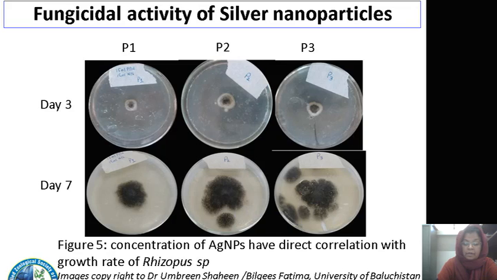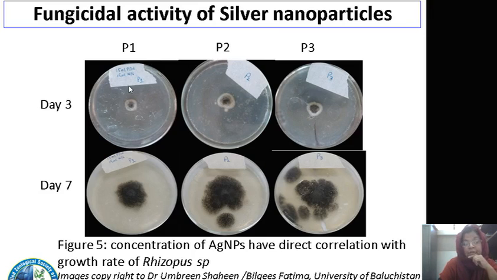Now the final slide. We are showing only 3 plates, but we did these experiments in triplicate, at least 2 or 3 times, to figure out our average and standard deviations as well. Here you can see in P1, P2 and P3 a gradual change in the concentration of nanoparticles.